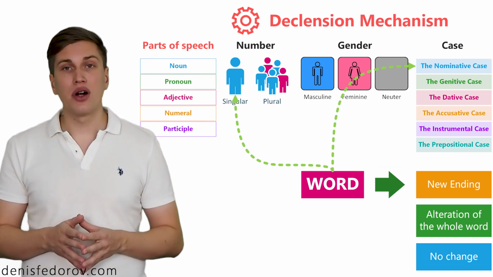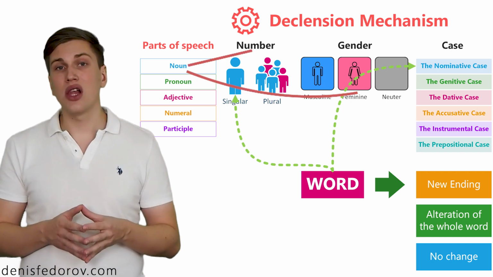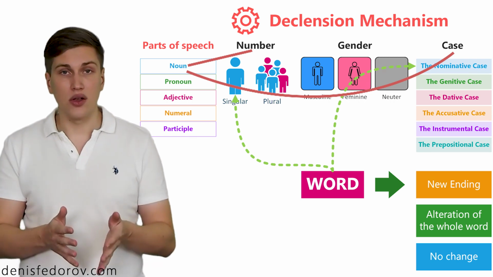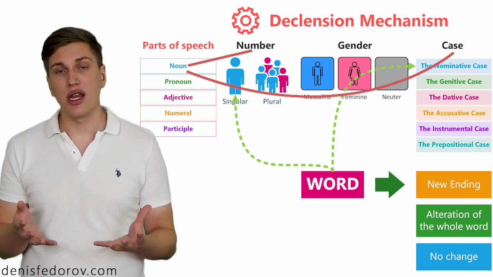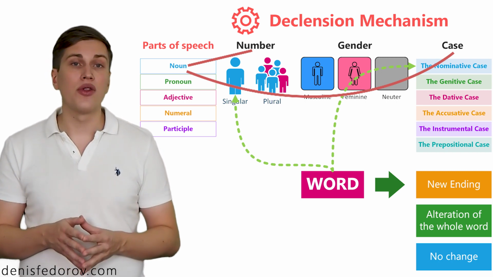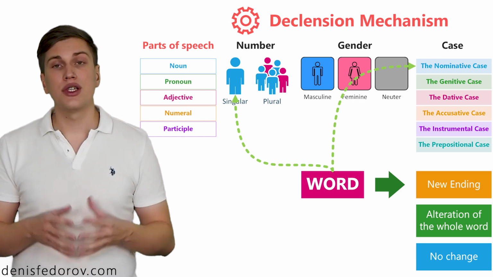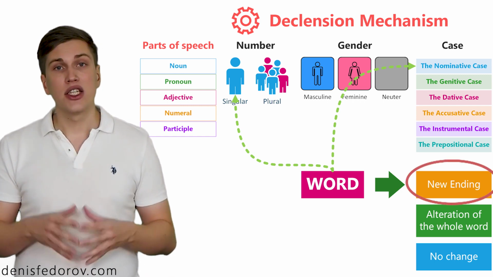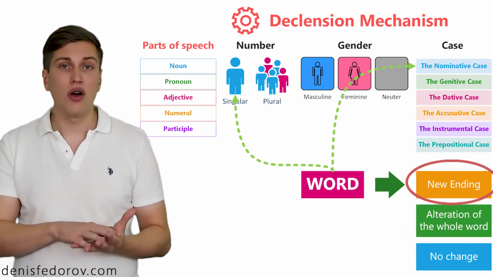Nouns, the main part of speech in terms of declension, can be declined in case and number, plural and singular, while adjectives and many pronouns can also change their gender depending on the noun they describe. As for the procedure, declension is done mostly by changing endings. So when you change a case, you change an ending of the word.